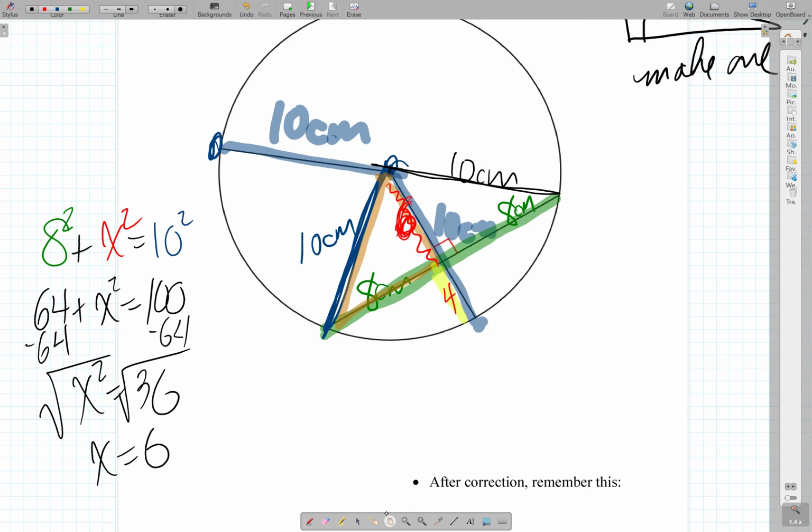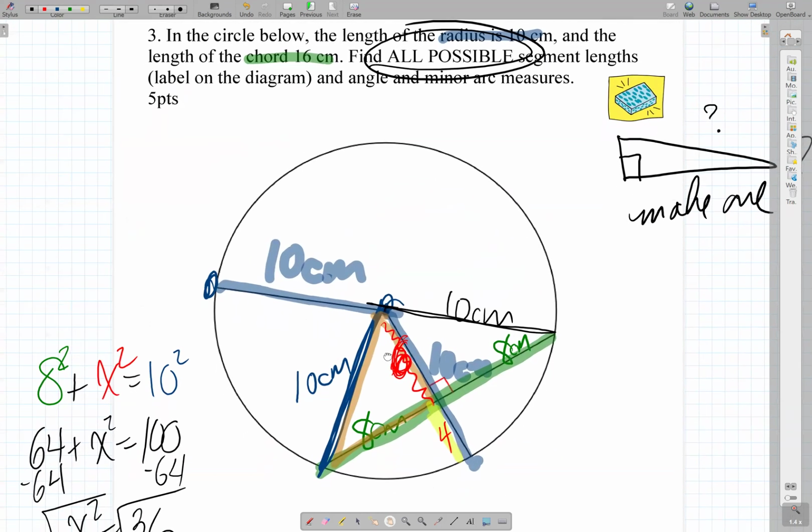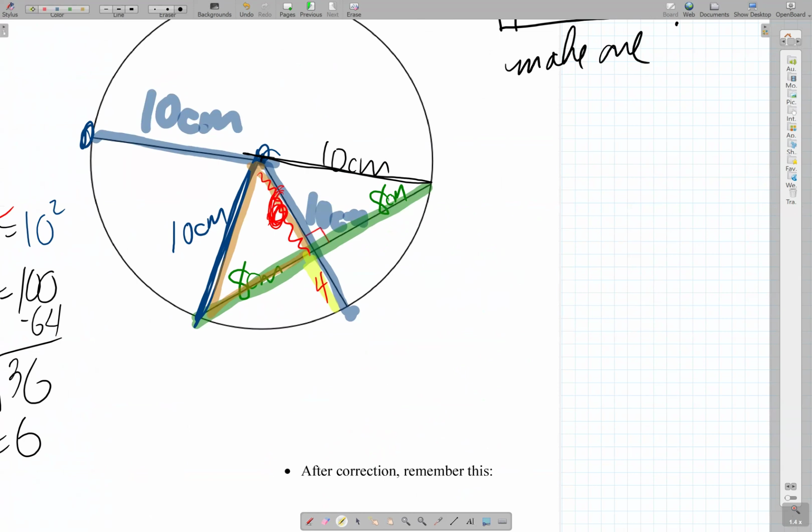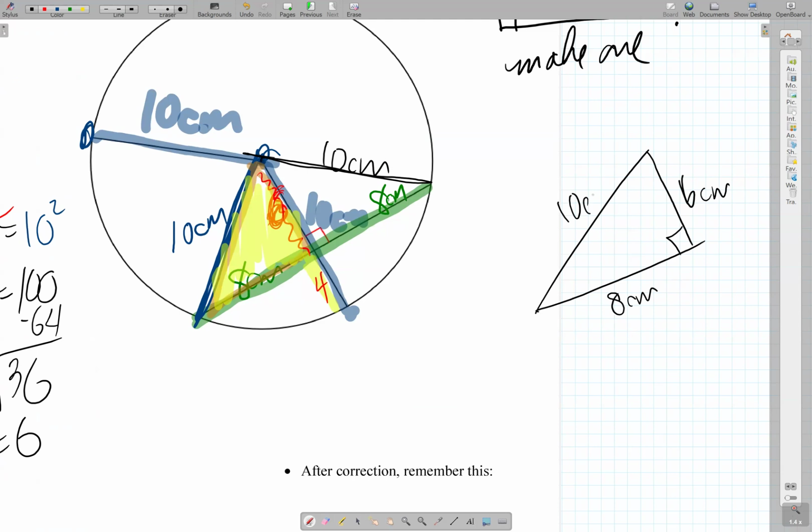But Miss Way says, oh, angles, arcs. And keep in mind, you have a right triangle here. I'm going to shade it in. Let me pull out that right triangle for you. That's 10, that's 6, that's 8 cm, right angle. And to find an angle, theta, we're going to use inverse SOHCAHTOA.